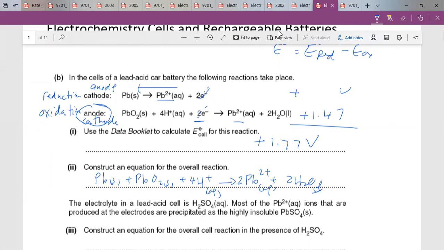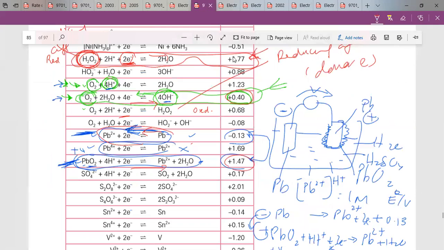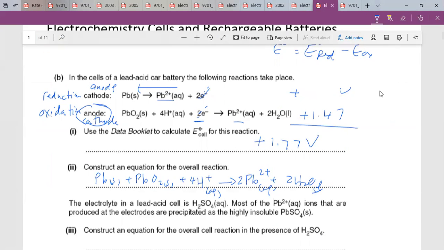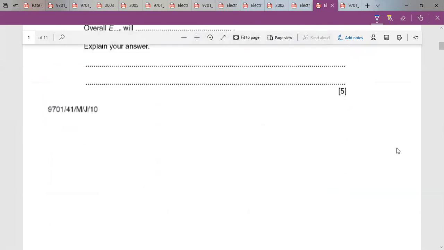Let's check again. I've got something wrong here. 0.13, I'm sorry, 0.13 is correct. So here I was wrong. So plus 1.60 volts. Okay, it's correct here.